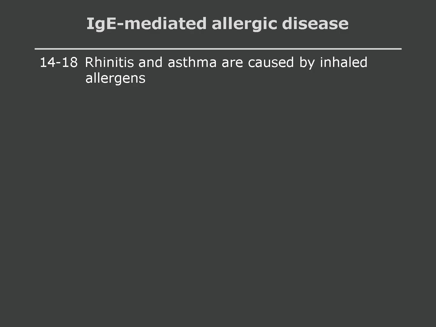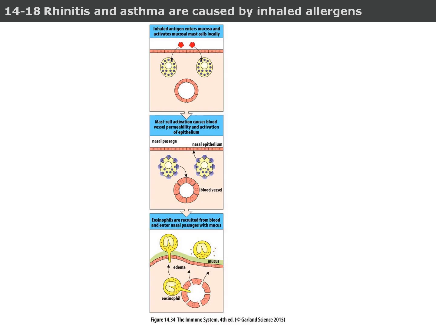Rhinitis and asthma are caused by inhaled allergens. When an inhaled allergen enters the nasal mucosa, it activates local mucosal mast cells. This activation leads to increased blood vessel permeability and stimulation of the nasal epithelial cells. As a result, inflammatory cells, particularly eosinophils, are recruited from the bloodstream.